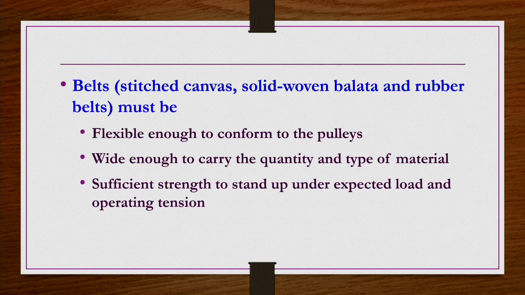They should have sufficient strength to stand up under expected load and operating tension, and they should also possess a resistant surface. So these are the minimum important characteristics of the belts. Any belt that you select as per your duty and the type of material you are transporting should fulfill these characteristics.